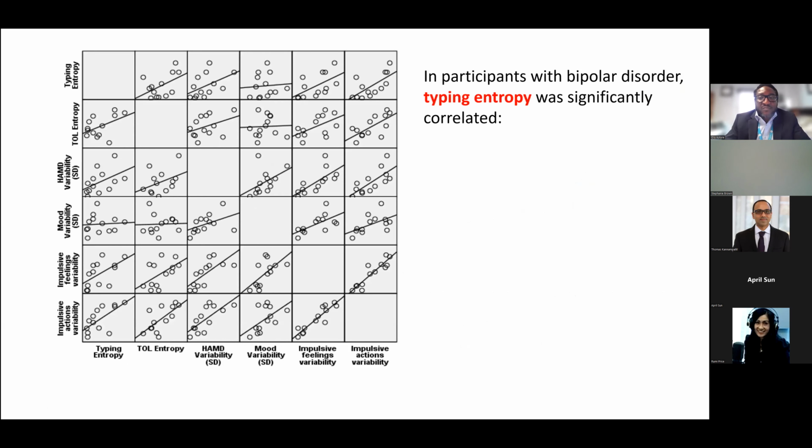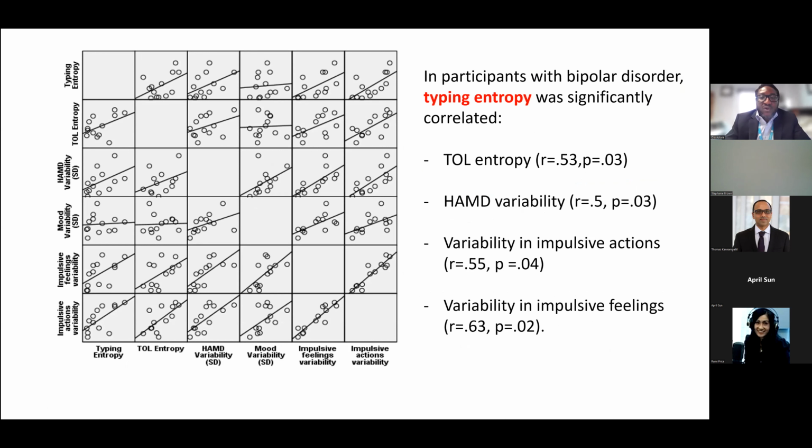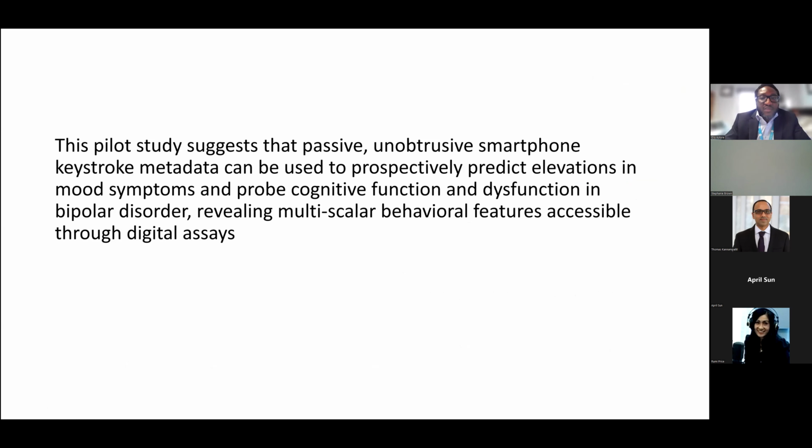Furthermore, typing entropy in participants with bipolar disorder was significantly correlated with the Tower of London entropy, as well as variability of depression symptoms and variability in impulsive actions and feelings. And so this pilot work done with the University of Michigan suggests that we can use these passive, unobtrusive measures derived from typing data to infer aspects of mood and cognition.